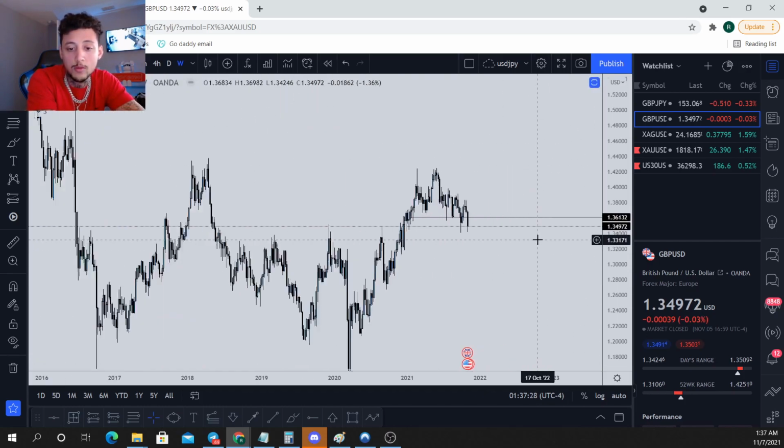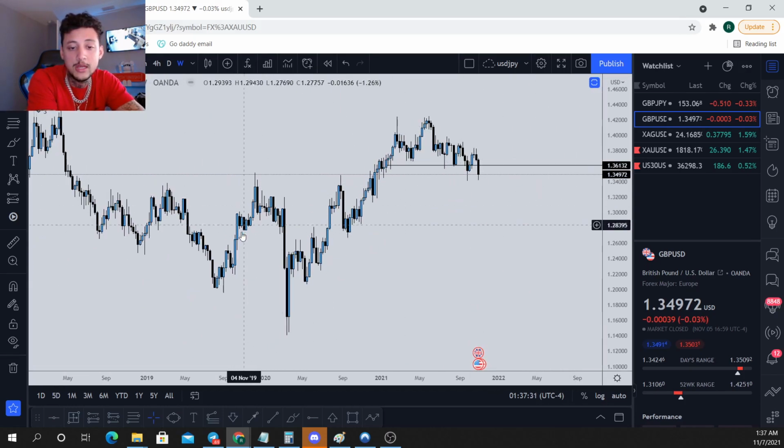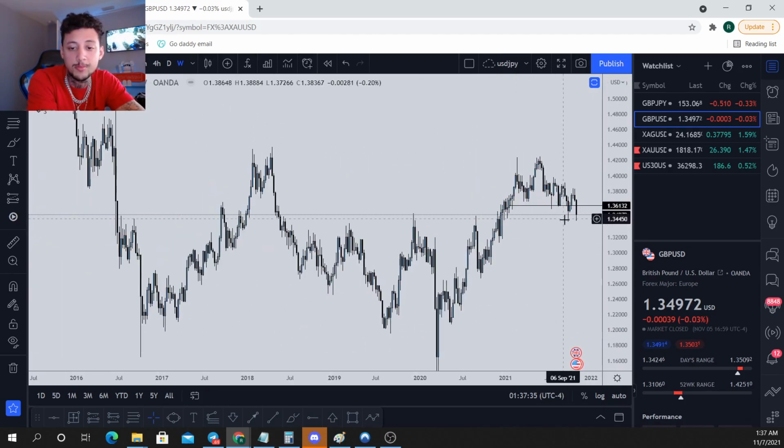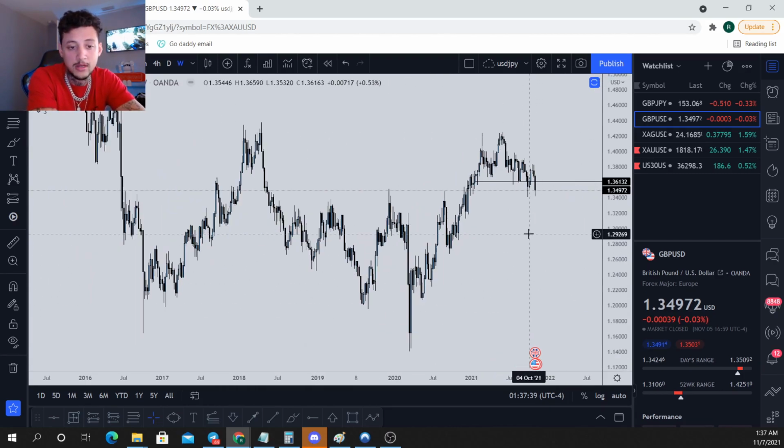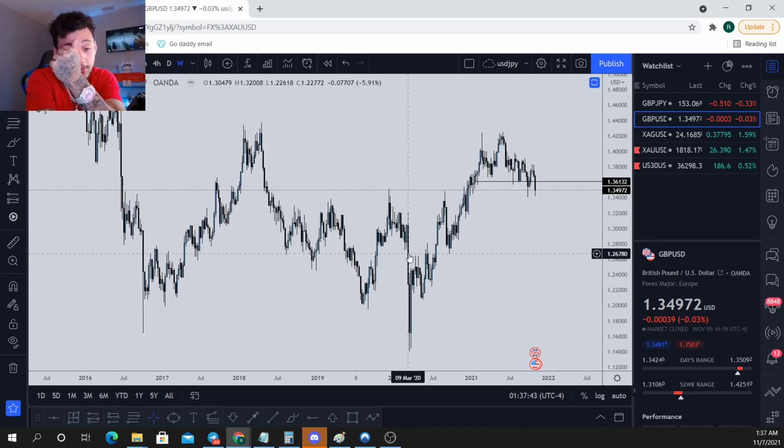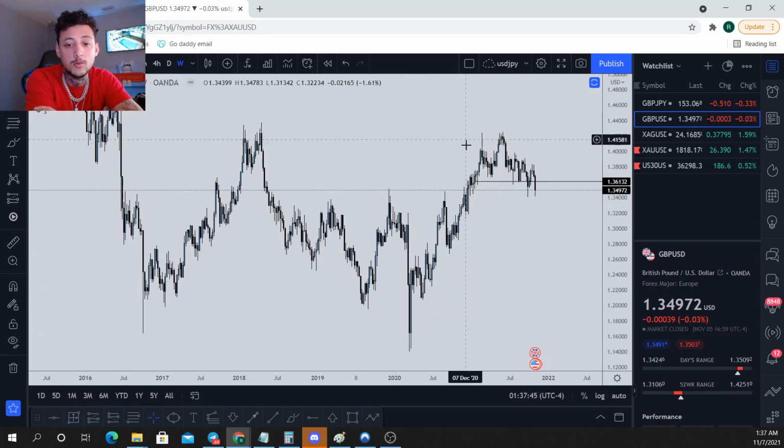When it comes down to the weekly time frame, you simply want to look at an area like this, really relative price. I would argue that this is all relative price in terms of supply and demand and everything else. Typically, specific currency pairs are going to be bouncing around a certain price range.